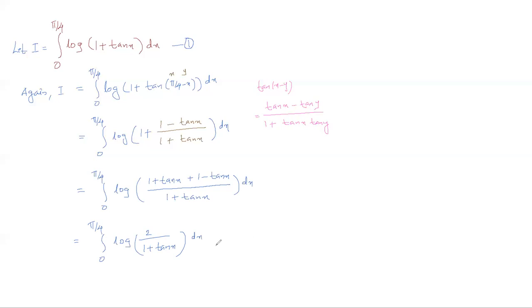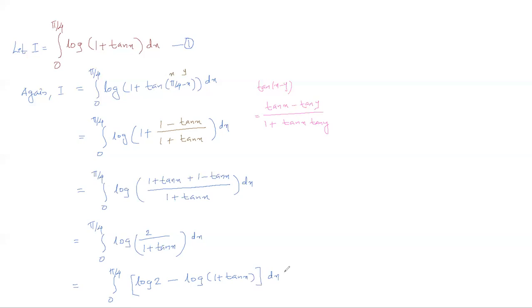So this can be written as integral 0 to pi by 4; the logarithm of a quotient is the difference of the logarithms. So it is log 2 minus log(1 plus tan x) dx.